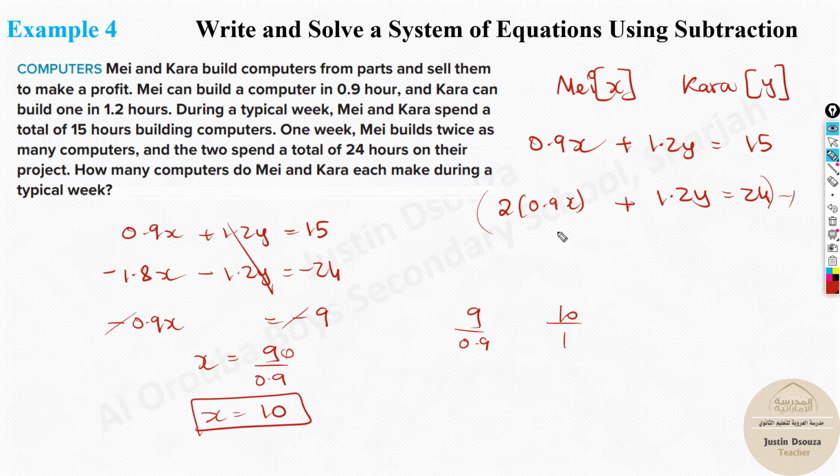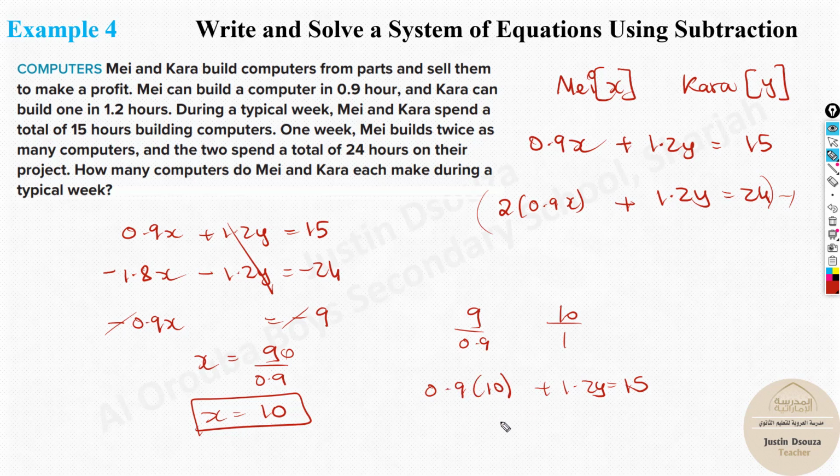And what about y? Substitute in any one of the equations. I'll substitute in the first equation. So here we have 0.9, instead of x, I'll put 10, plus 1.2y equals 15. I forgot to write y. And 0.9 times 10, the decimal goes off, so it'll be 9.